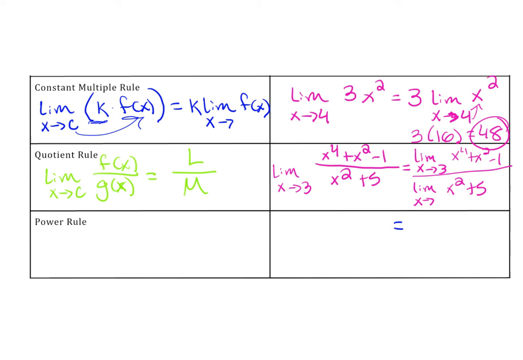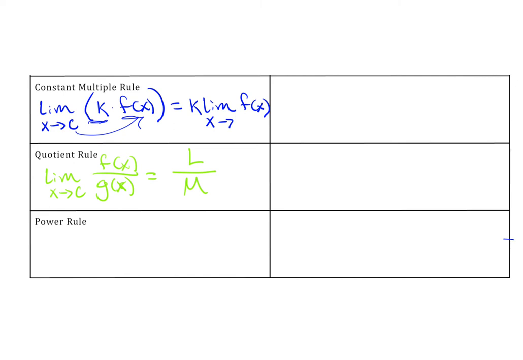And basically we can just do direct substitution again. So I have 3 to the 4th plus 3 squared minus 1 over 3 squared plus 5, which should get you 89 over 14.